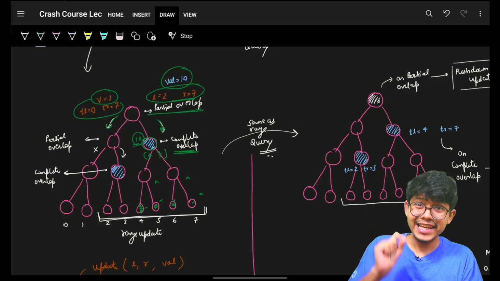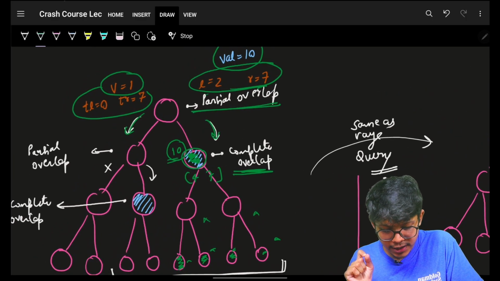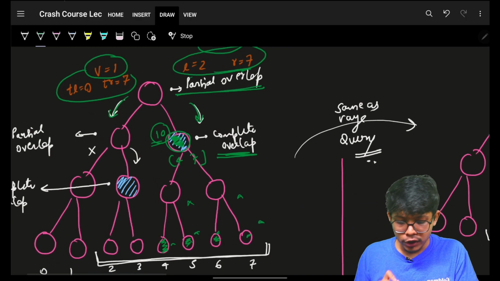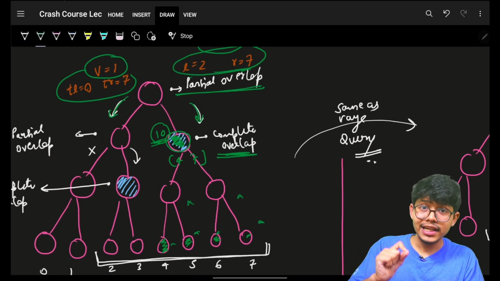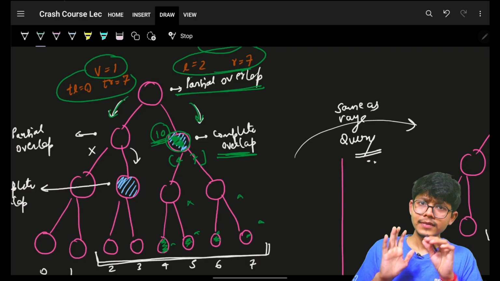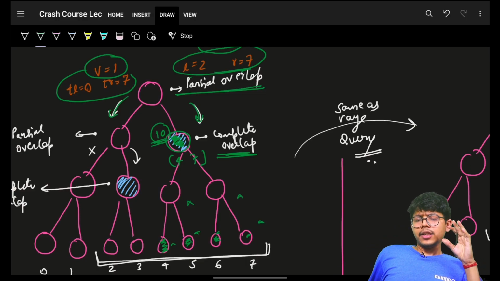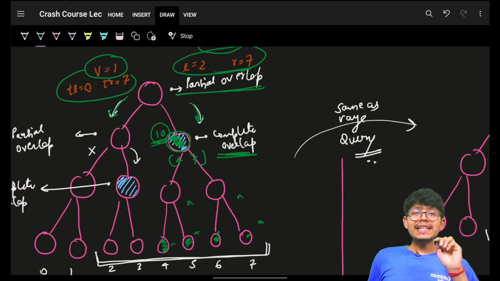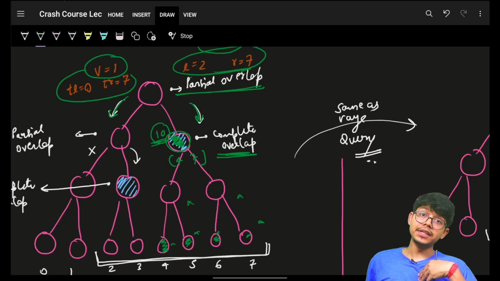This blue guy, he is so lazy. He will not propagate this value 10 to his children. He will say, bro, look, whenever you guys need it, ask from me, I will give you.